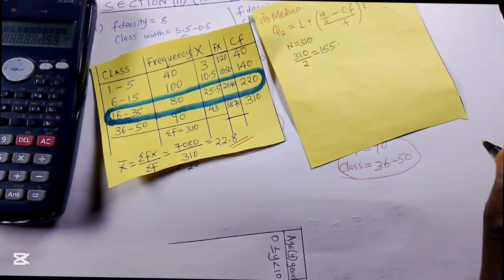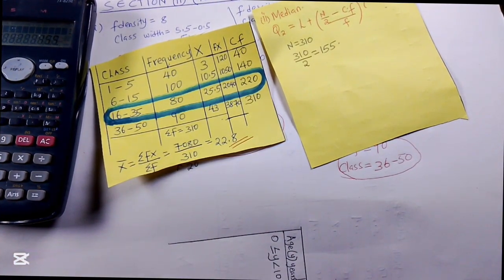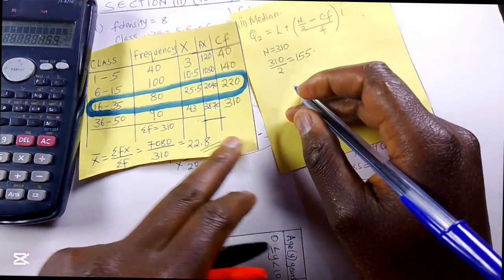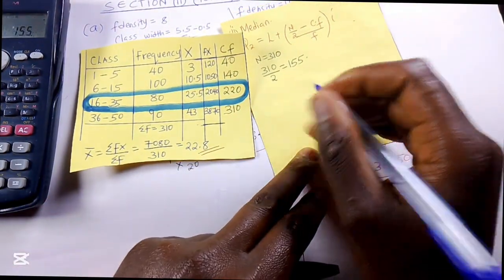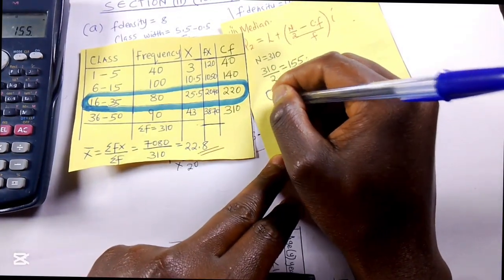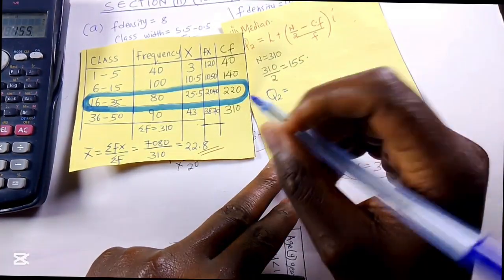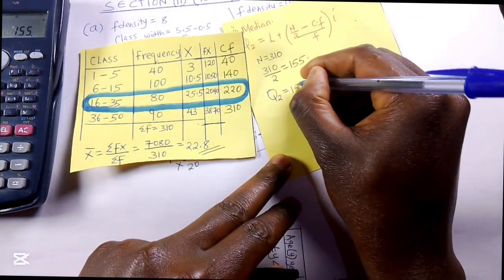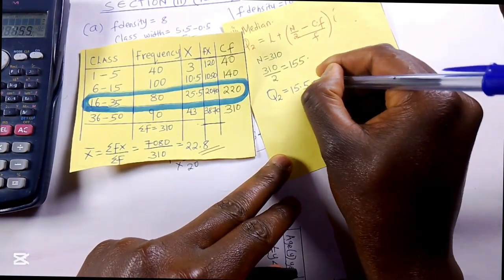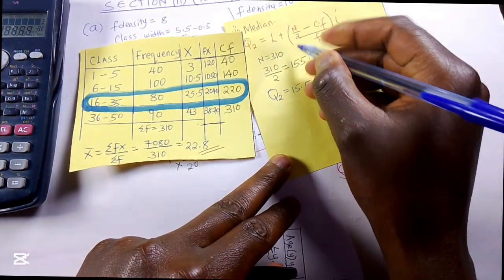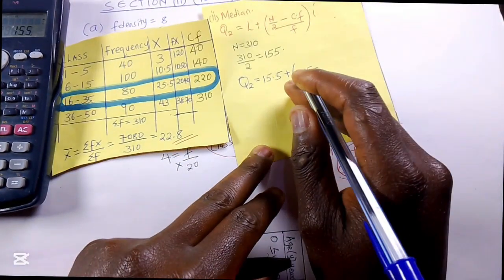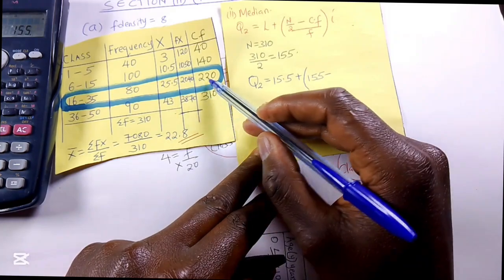So if we are going to use that as our median class, therefore our Q2 will be equal to the lower class boundary of 16, which is 15.5, plus n over 2 is 155, minus the cumulative frequency above.